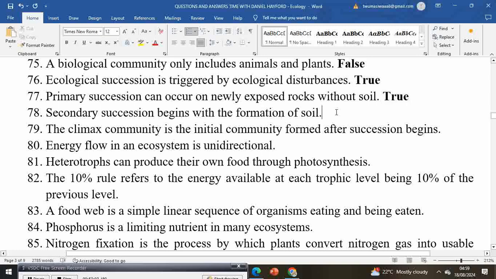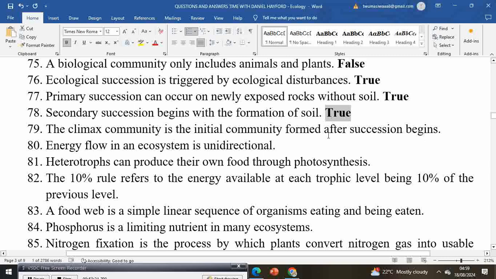Now, secondary succession begins with the formation of soil. This statement 78 is also true. So you have to compare and contrast primary and secondary succession. Leave your answer as a comment on this video.